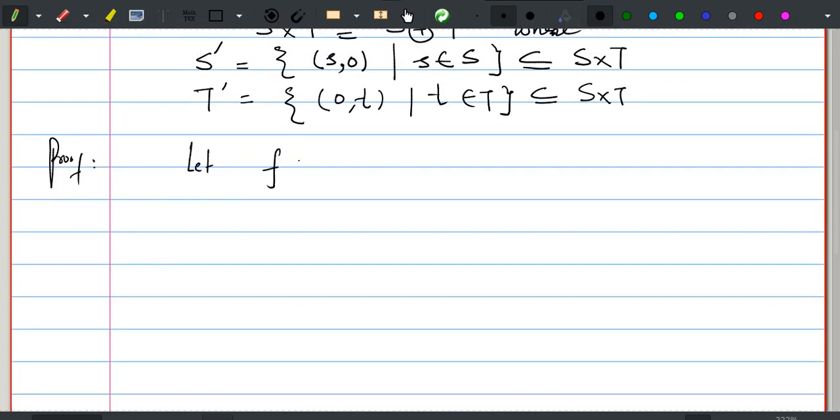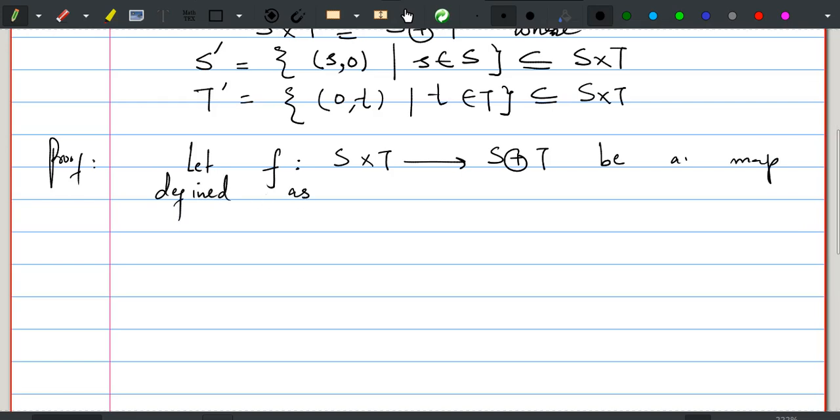Let f from S cross T to their internal direct sum be a map defined as f of (s, t) goes to s plus t.